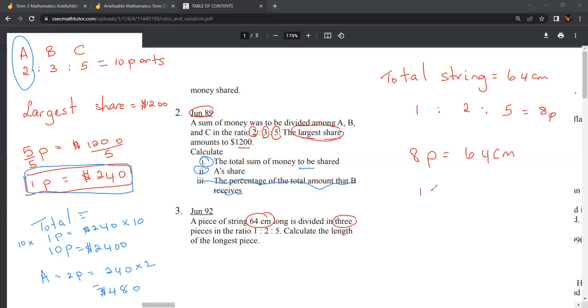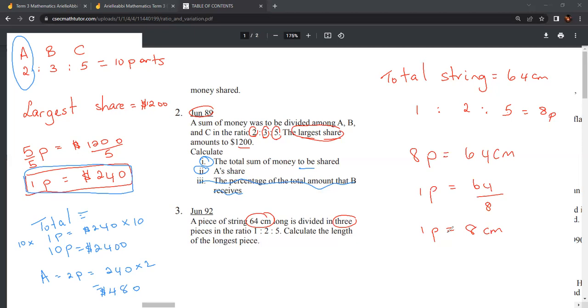So I could find for 1 part, that's 64 divided by 8. 64 divided by 8 is 8. So the value of 1 part is 8 centimeters.